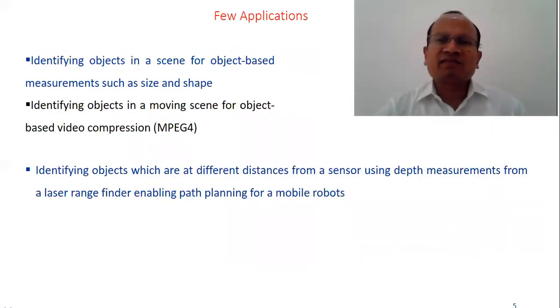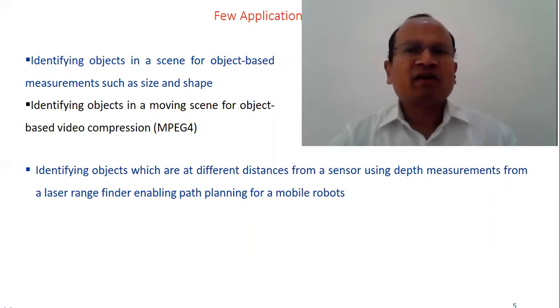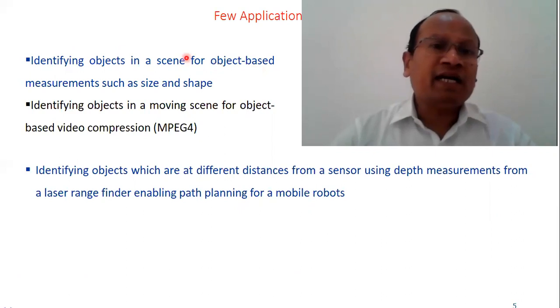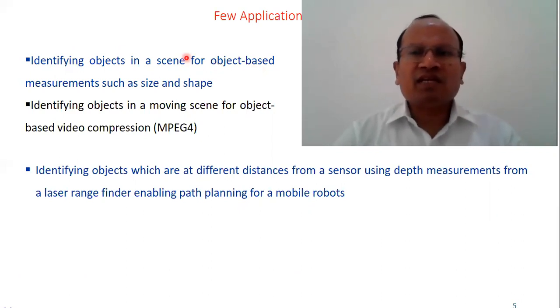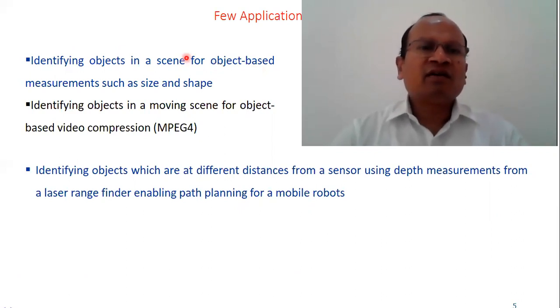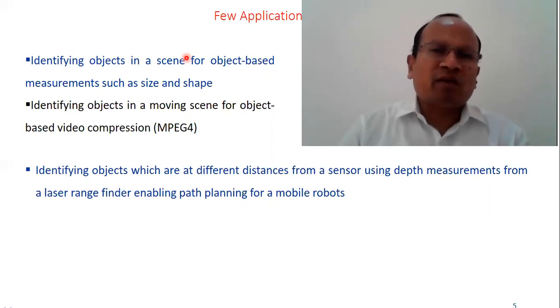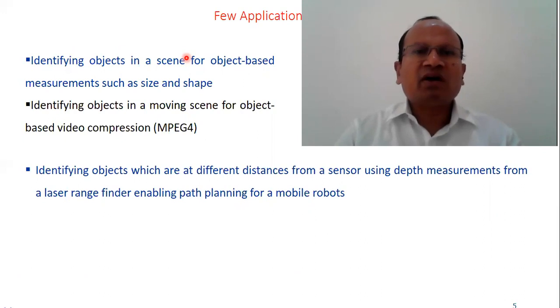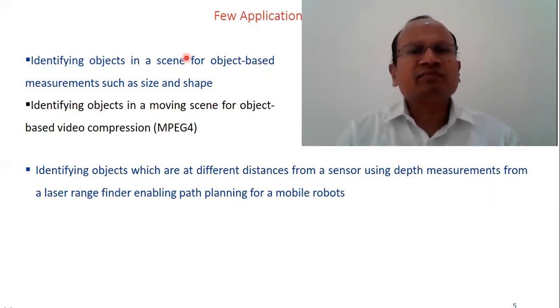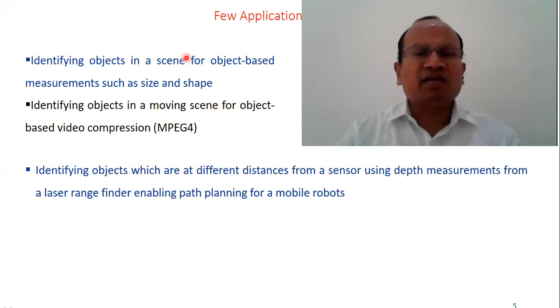What are the applications? Like I was talking about the applications in the beginning: identifying objects in a scene, and measurement, such as when we are interested to determine the size and shape of a certain object.